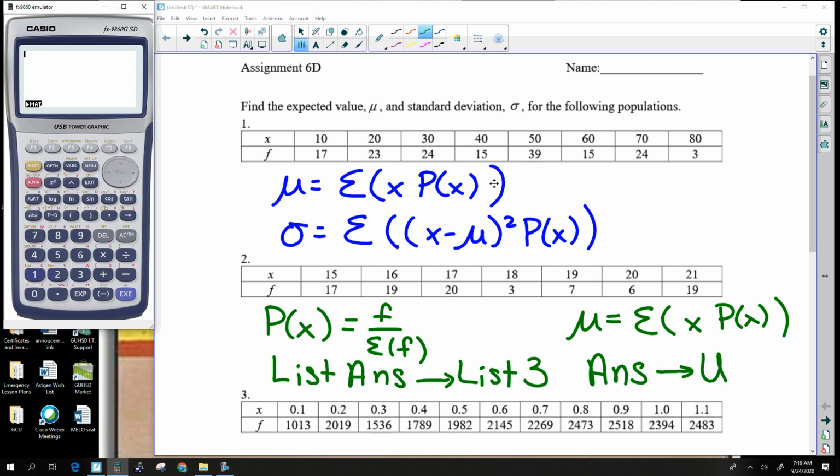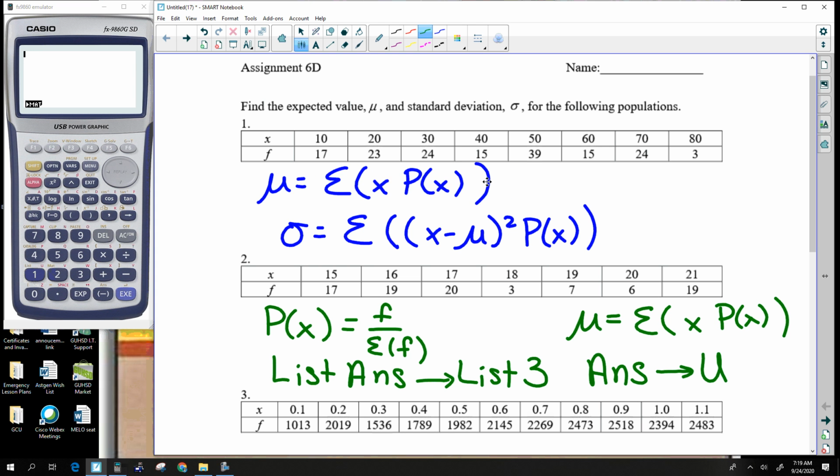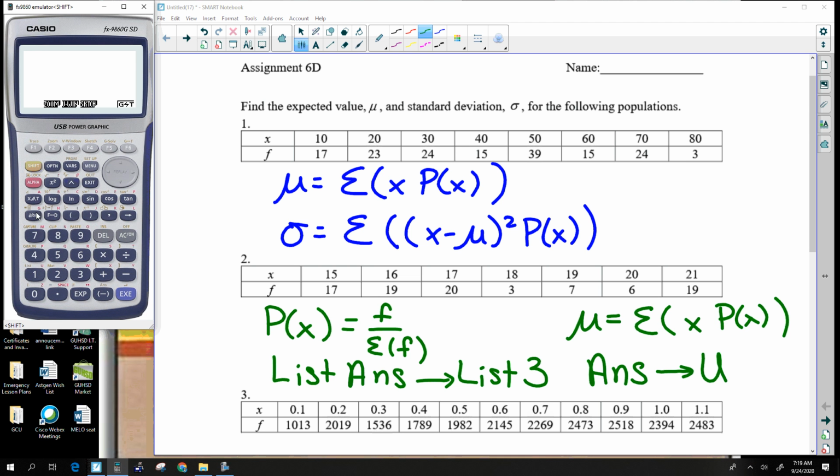On with the show. Now we have to get this average, this expected value. So it's going to be the sum, open, x, which is list 1, px, which is this new list 3, and closed. And there is the average of that list.